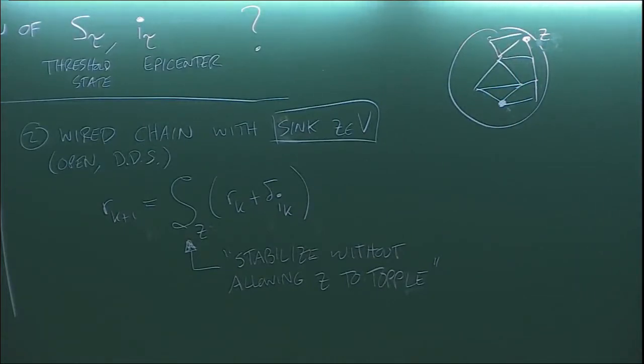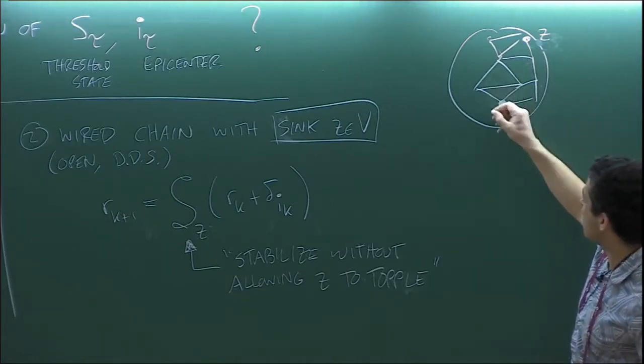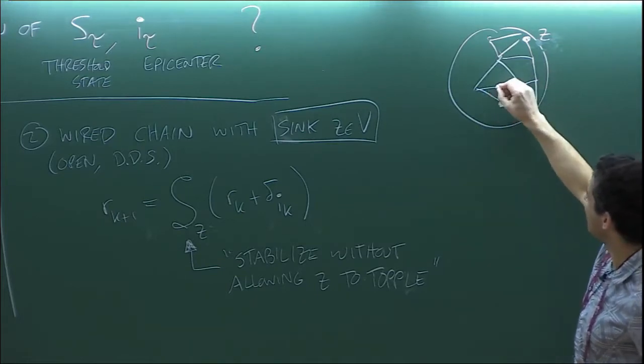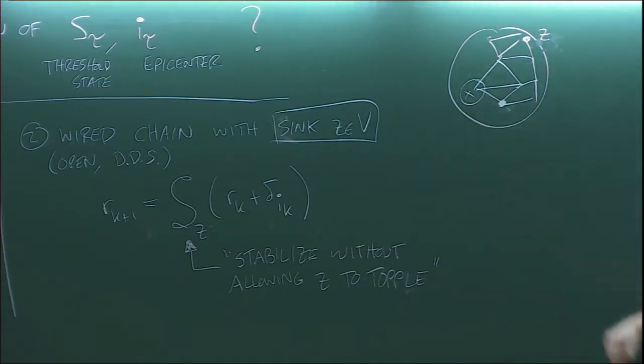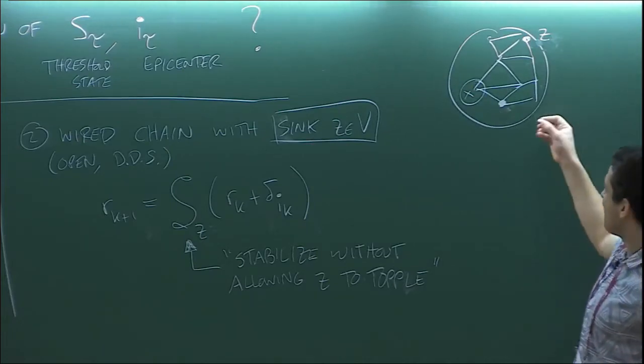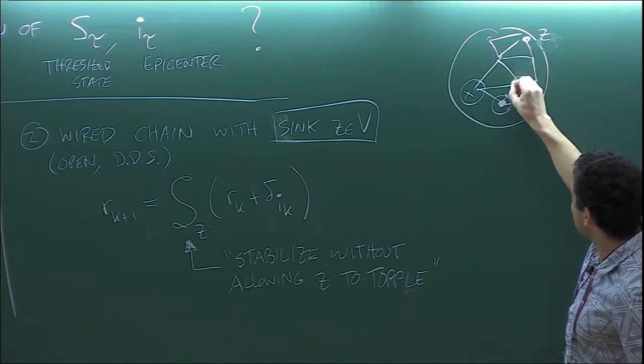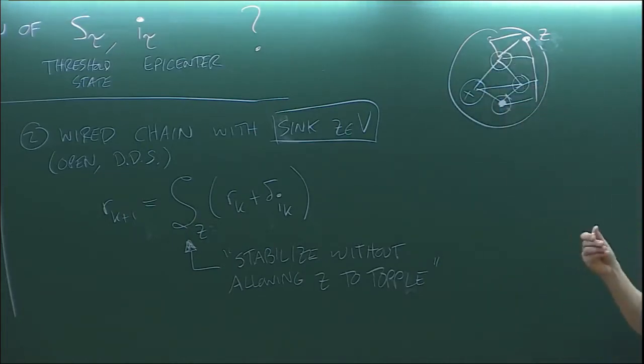So suppose toppling persists forever. There are only finitely many vertices, okay? So in that case, some vertex would have to topple infinitely often. Maybe it's this one. But if X topples infinitely often, every time it topples, it gives a chip to each of its neighbors. So then each of its neighbors will receive infinitely many chips, so they will each have to topple infinitely often.